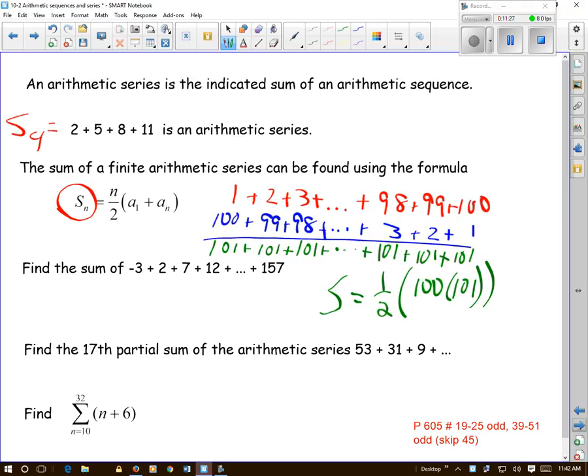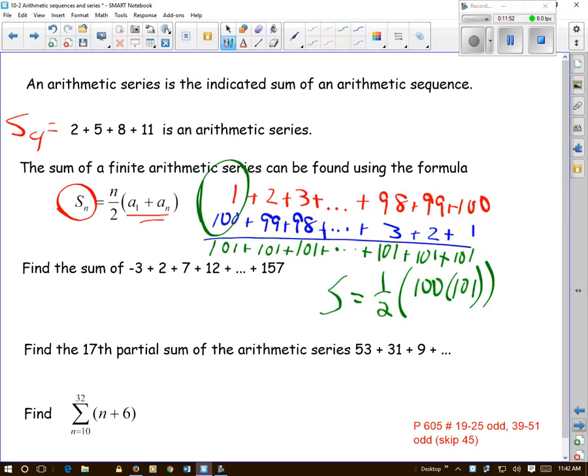And so now we have a similar thing happening here with the S sub n, where each thing is getting accounted for twice. Notice the a1 plus an. That's the 1 plus 100 right here.